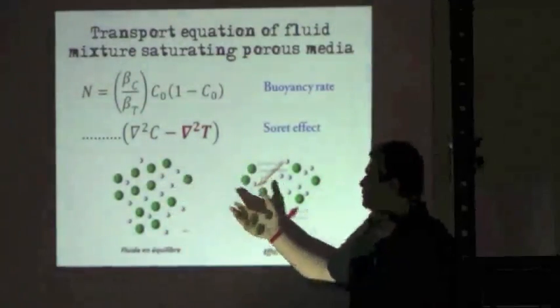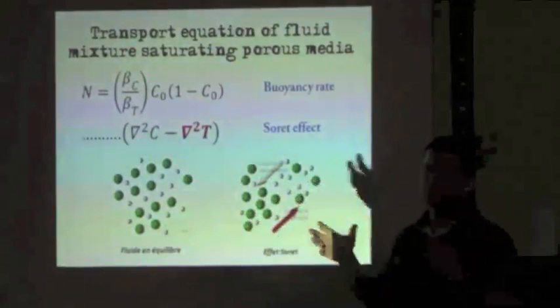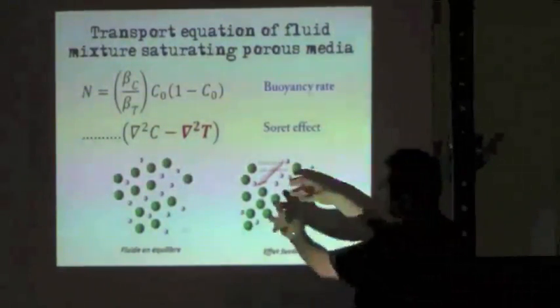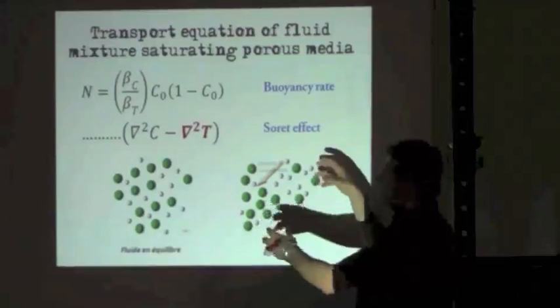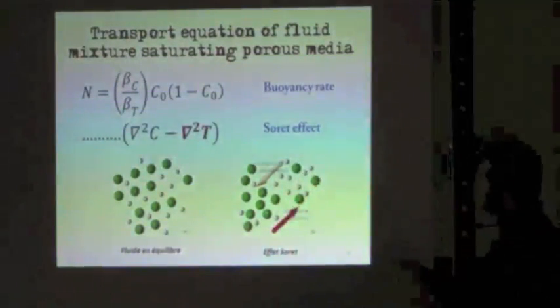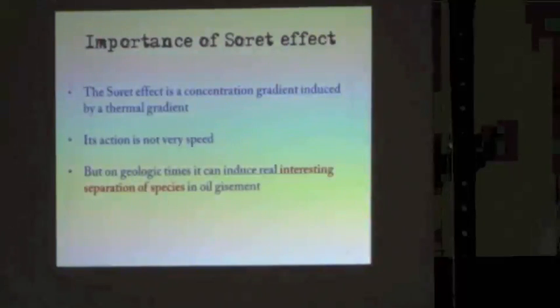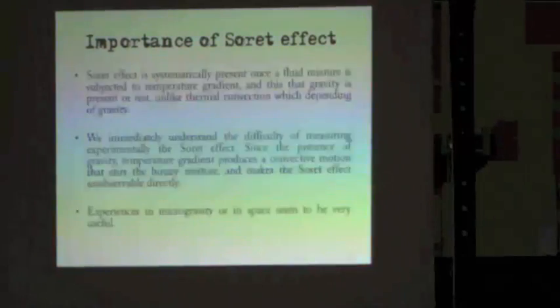This matter and this matter need different amounts of energy to expand. So with the same amount of energy, the expansion is not the same. And then natural separation occurs when a gradient of temperature is applied. So the Soret effect is a concentration gradient induced by a thermal gradient. Its action is not very fast, but on geological times it can induce an interesting separation of species in oil reservoirs.